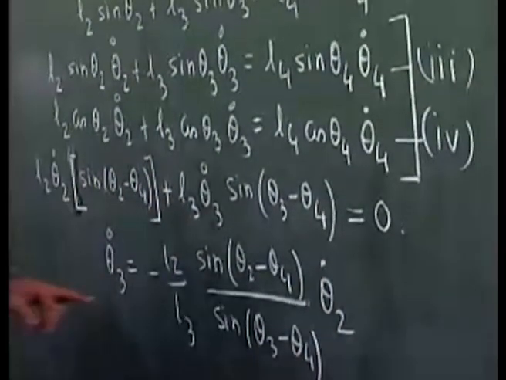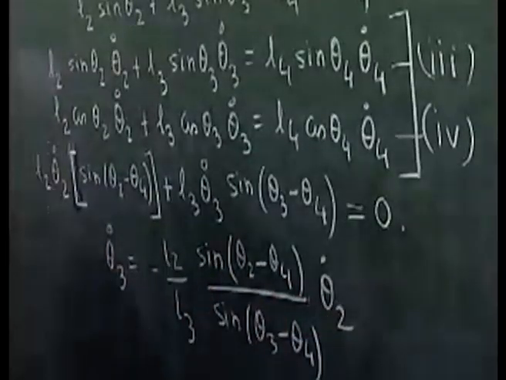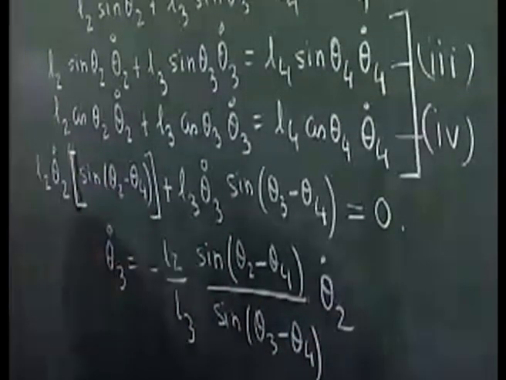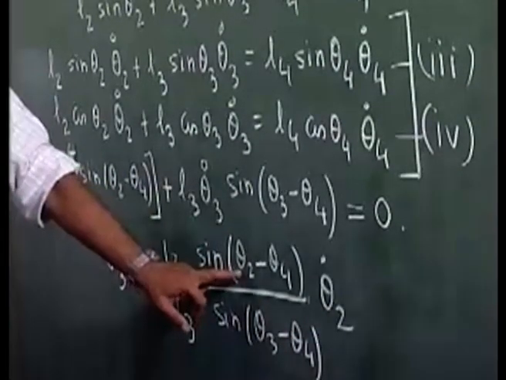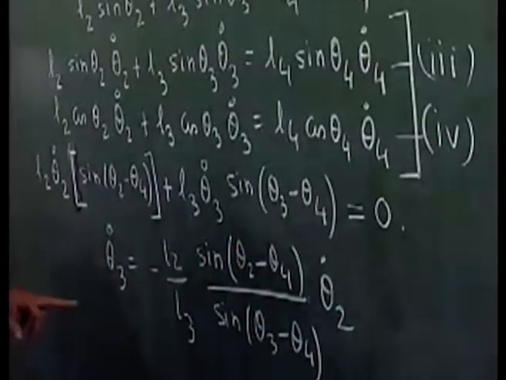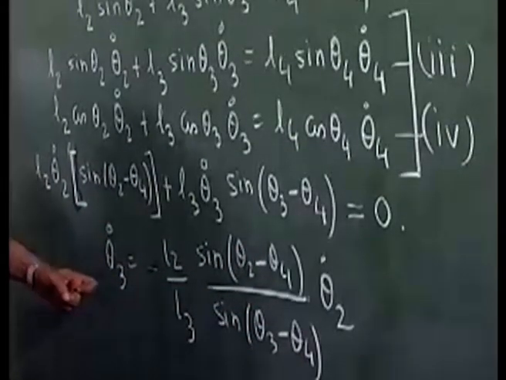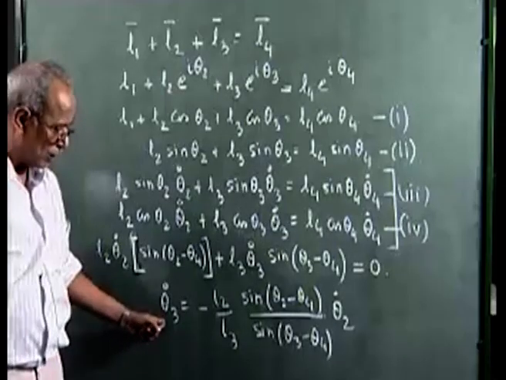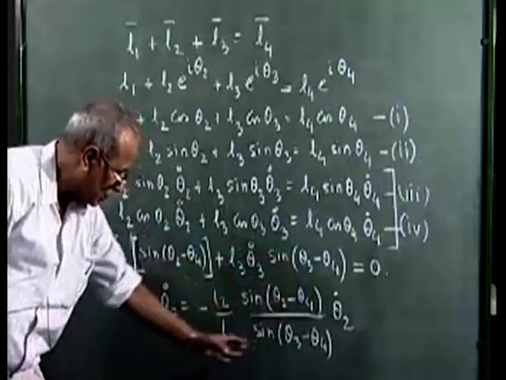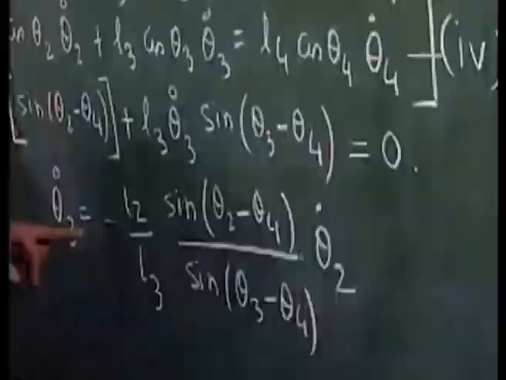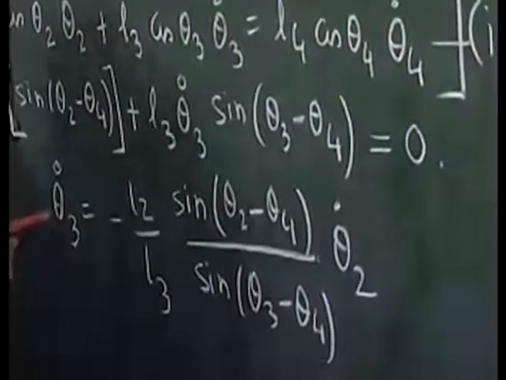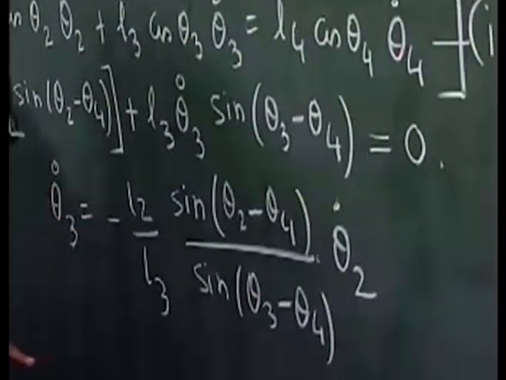So if the input angular velocity theta 2 dot is given, and we have carried out the displacement analysis such that the values of theta 2, theta 3 and theta 4 are known, I can easily find out the angular velocity of the coupler theta 3 dot. If it turns out to be positive, then theta 3 dot is counterclockwise. If it is negative, then theta 3 dot is clockwise.